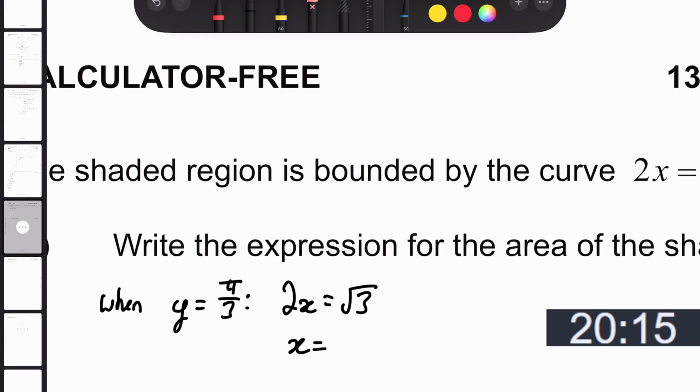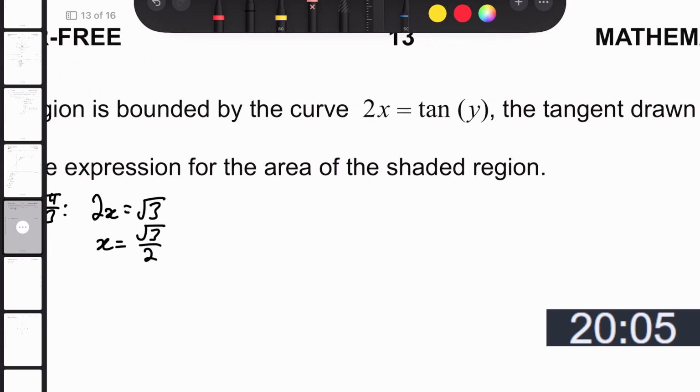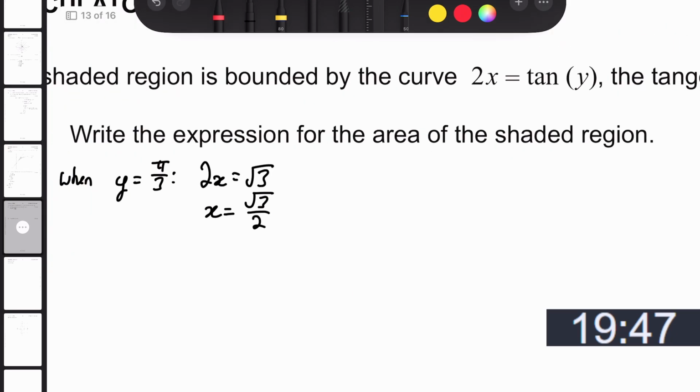So x is going to equal square root of 3 on 2. Because tan of 30 is 1 on square root of 3, and tan of 60... wait, 60. No, other way around. Square root of 3 on 2 on top, because cosine of 60 is a half. Yep, square root of 3.